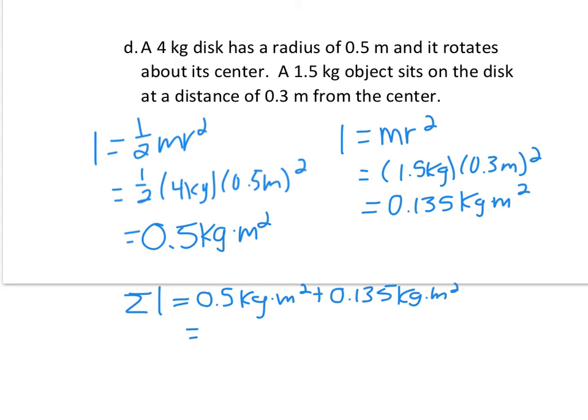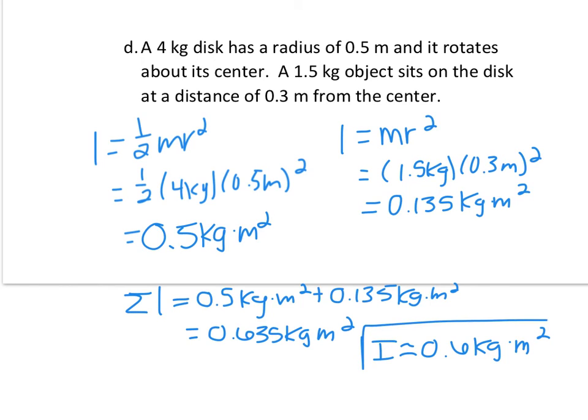And that added together equals 0.635 kilogram meters squared. So the total moment of inertia is approximately 0.6 kilogram meters squared.